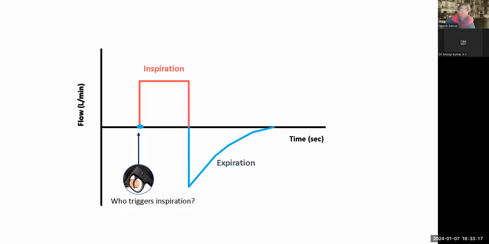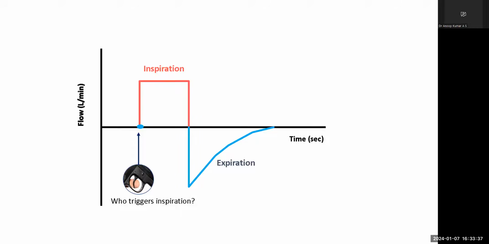What you have to understand very clearly is that present day ventilators, especially present day ICU ventilators, do not have a control mode at all. All the modes we are using, whether it is volume control mode, VCV, PCV, or any other newer modes, are assist control modes.